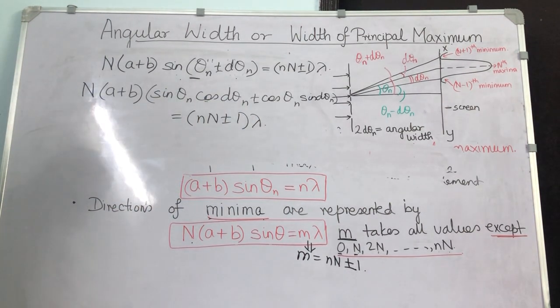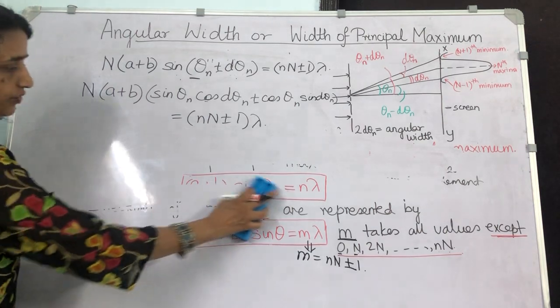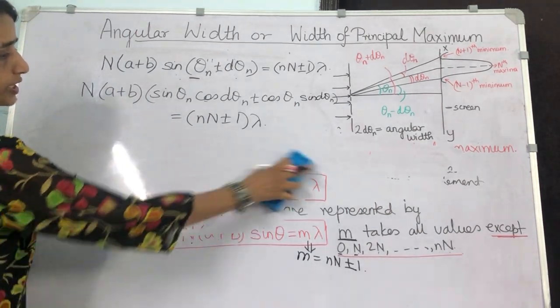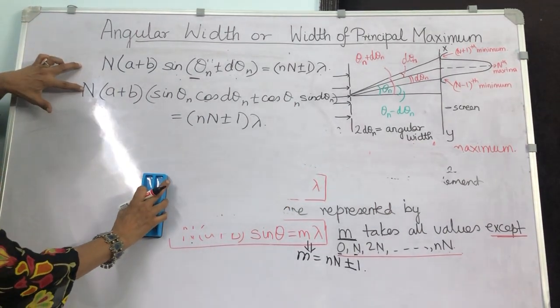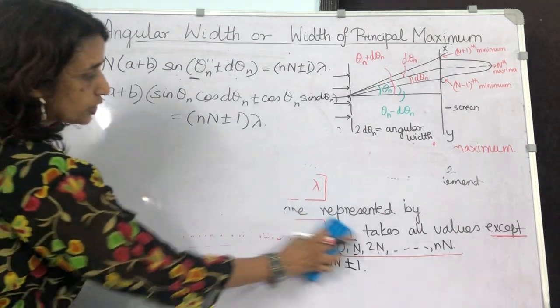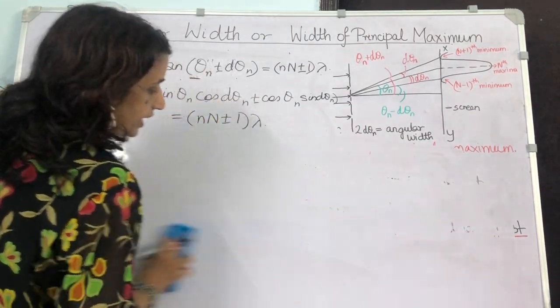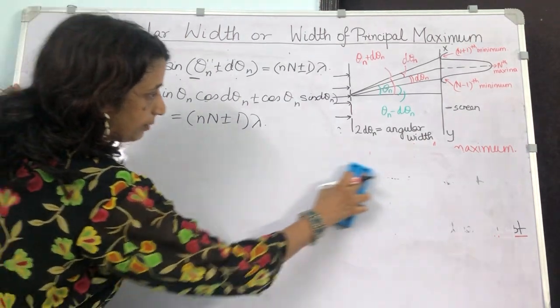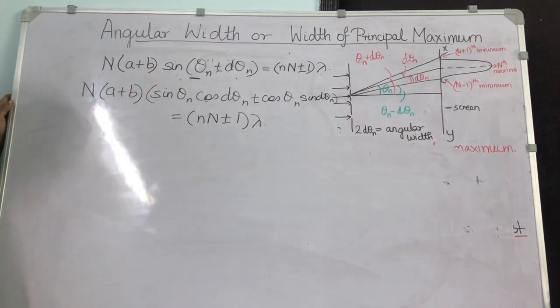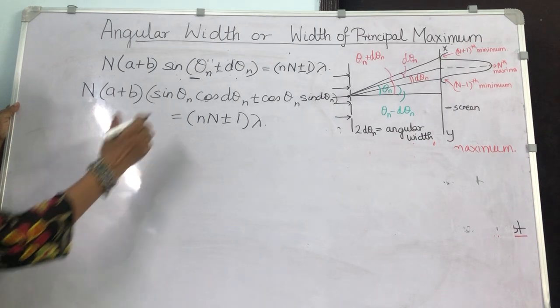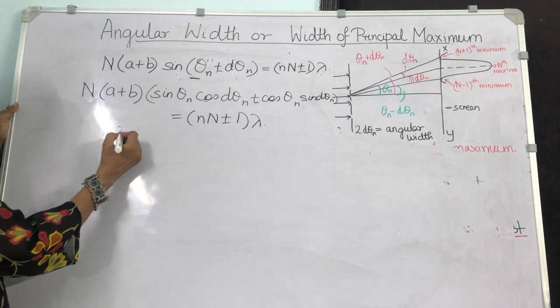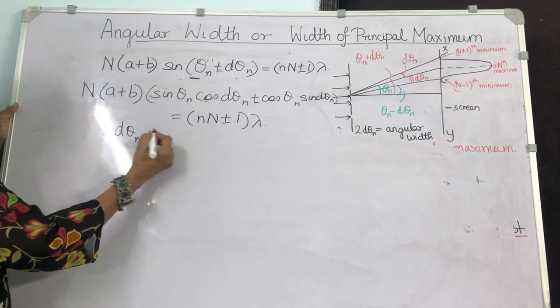These are the possible orders, and we have understood that only at these places do we get our principal maxima. Now, as we can see in the diagram, dθn is very small.